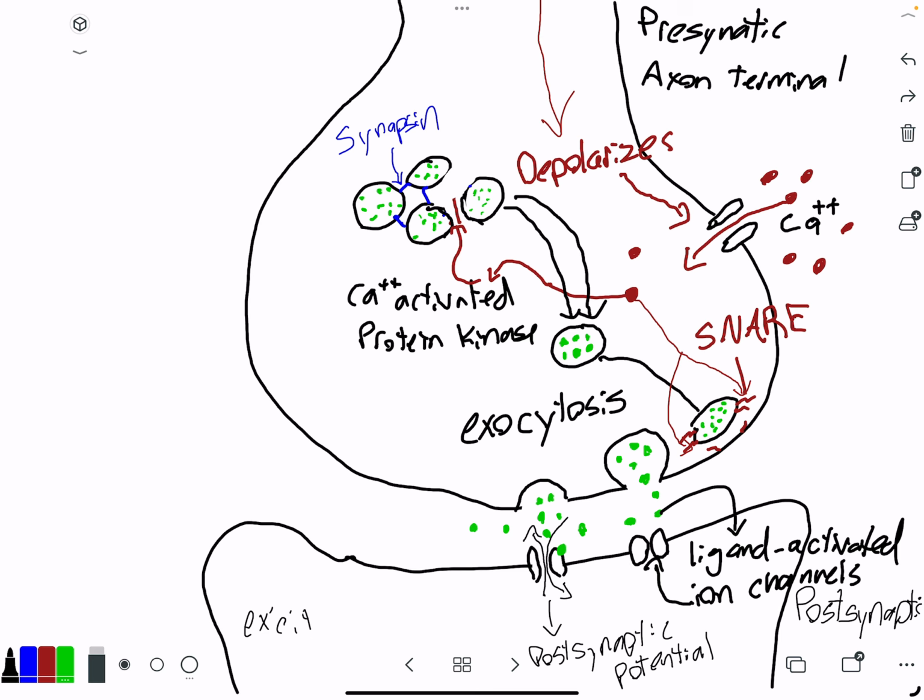Let me make sure I get this spelled right and in a way in which you can actually read it. So, excitatory. I want you to ask yourself, what does it mean if the postsynaptic potential is excitatory? That means it must depolarize.